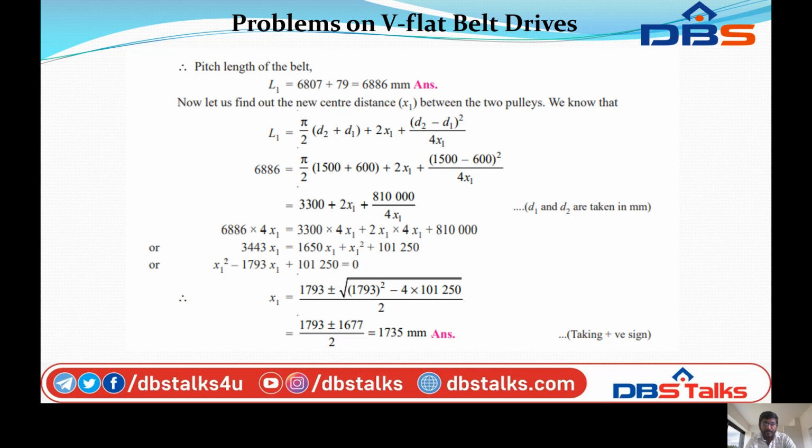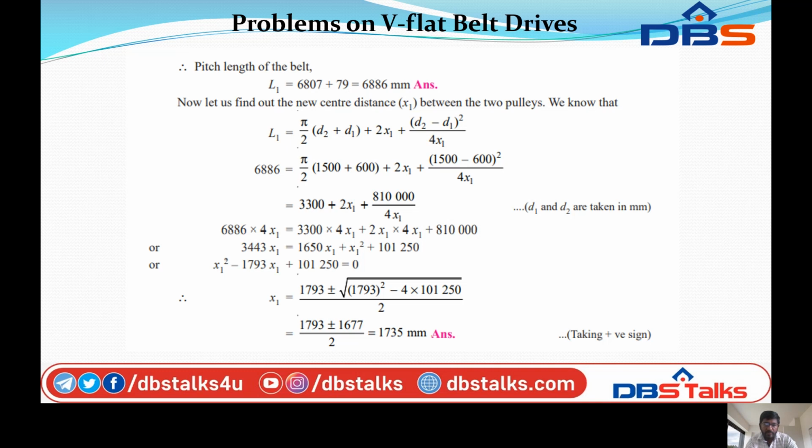This gives 3300 plus 2x1 plus 8 lakhs 10,000 divided by 4x1, since d1 and d2 are taken in mm. Cross multiplying, 4x1 into 6886 is equal to 3300 into 4x1 plus 2x1 into 4x1 plus 8 lakhs 10,000.